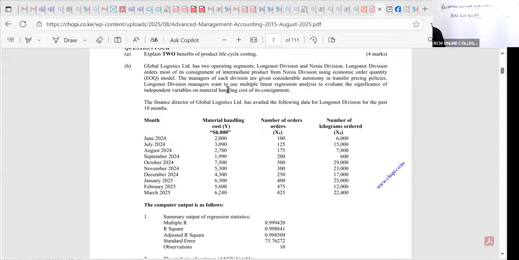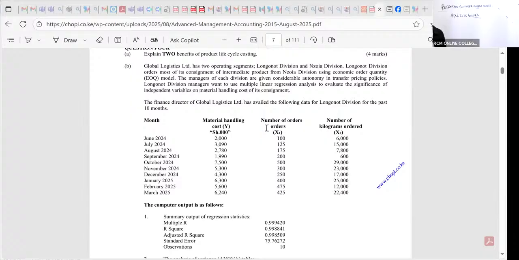Longonot Division managers want to use multiple linear regression analysis to evaluate the significance of independent variables on material handling cost of its consignment. The finance director has availed the following data for Longonot Division for the past 10 months. So we have months, material handling, number of orders, number of kilograms.